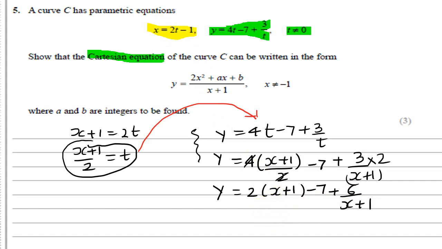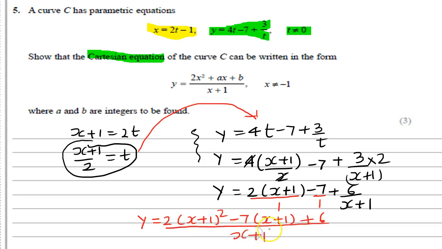To solve this, if we put it over a common denominator, we can write y is equal to 2(x plus 1) squared minus 7(x plus 1) plus 6, and in the bottom there is x plus 1.